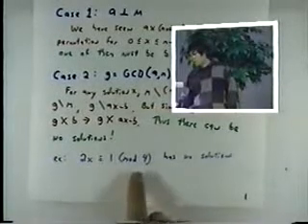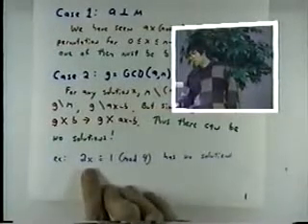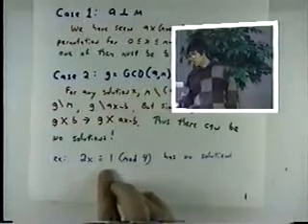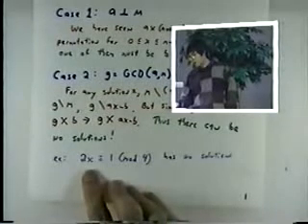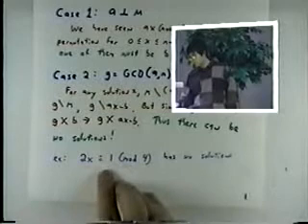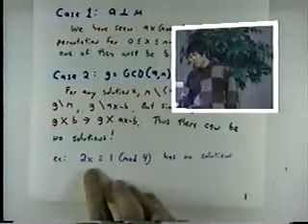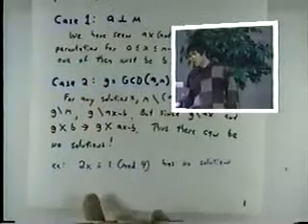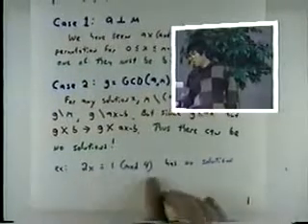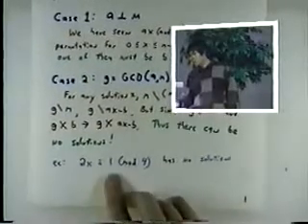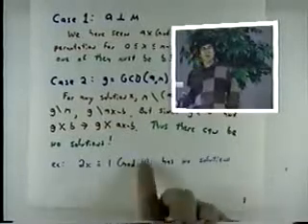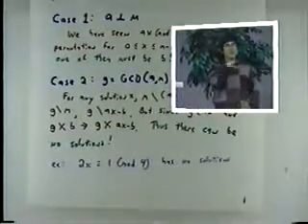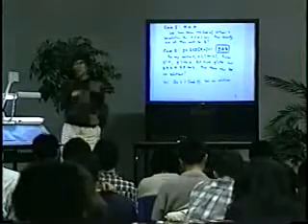If x was 0, we would have 0, which cannot be congruent to 1. If x was 1, 2 times 1 is going to be 2. If x was 3, 2 times that is 6, and 6 mod 4 is going to be 2. If x was 4, 8 mod 4 is going to be 0. In no case do we get 1. There's no solution to that congruence. Any questions? Okay, good.